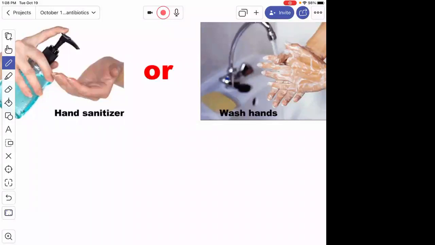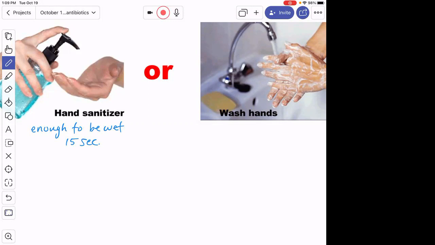So let's define these. If you're doing both of them correctly, you're going to use enough hand sanitizer to make your hands wet for about 15 seconds. So you need enough of it to cover your hands and enough contact time that it's going to take about 15 seconds to dry out.